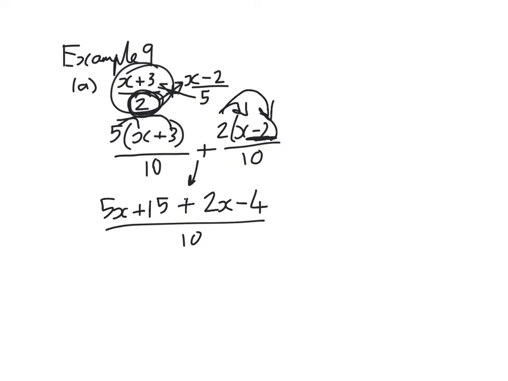From here on, we're going to collect like terms up the top. I'm not sure where this one's going to end, but let's collect like terms step by step. We've got our 5x, we've got a 2x, and so in total we have a 7x because there's a plus in between.